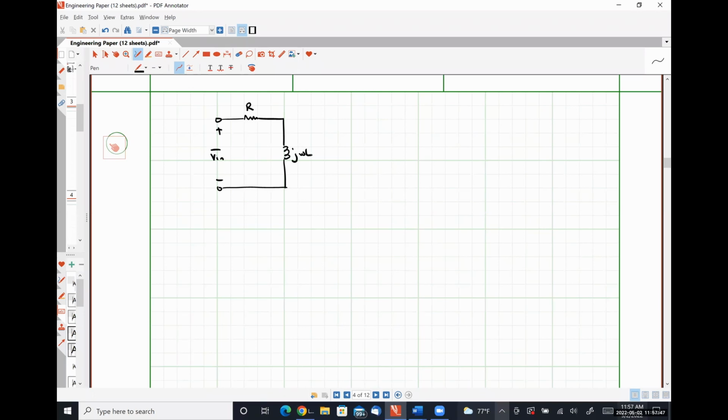Our inductor has an impedance of j omega L. And then here is our output voltage, V out. What should our transfer function be? I'm going to let you guys guide me on this. j omega L over R plus j omega L. Absolutely.